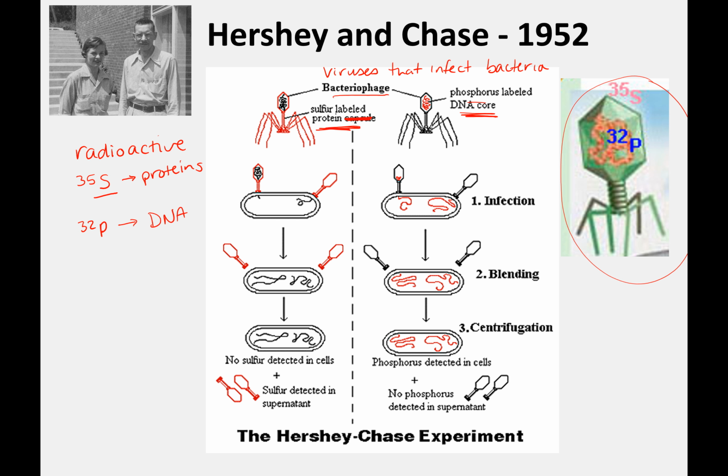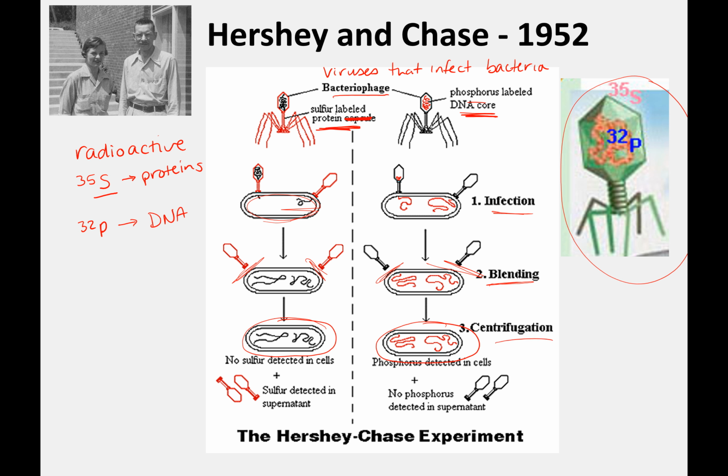And so they allowed these viruses to infect bacteria. And then, this was my favorite part, they used a blender, like your Vitamix at home, and that was to remove any viruses that were stuck on the outside. So now they just wanted to look at the bacterial cells.